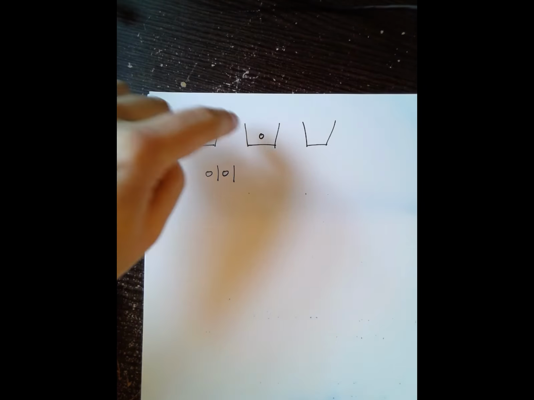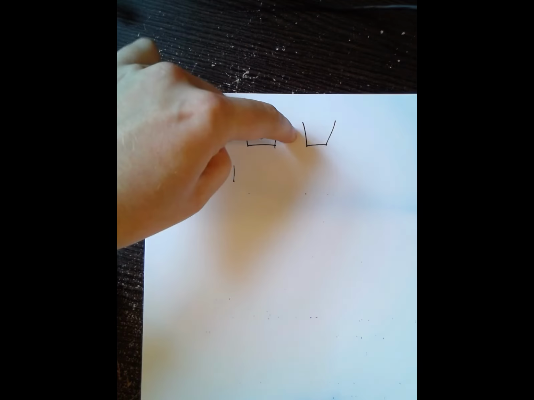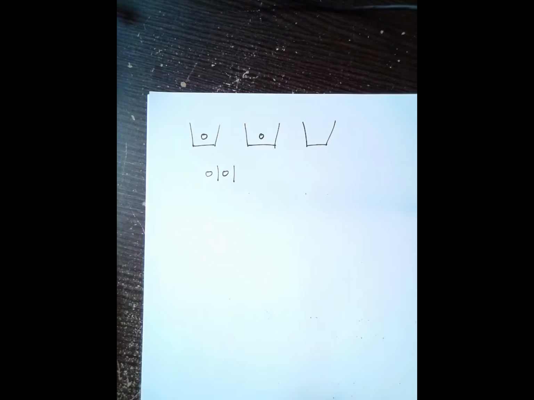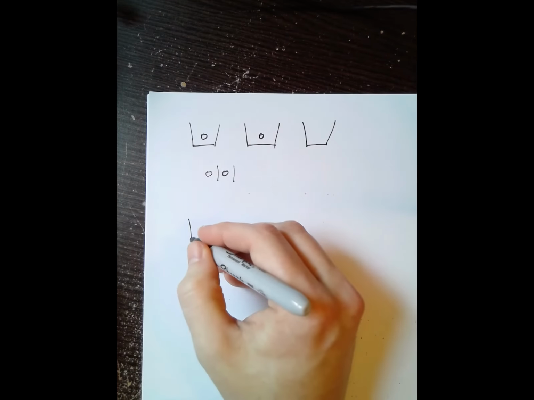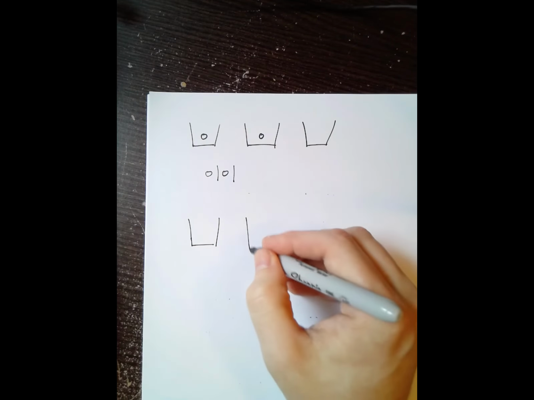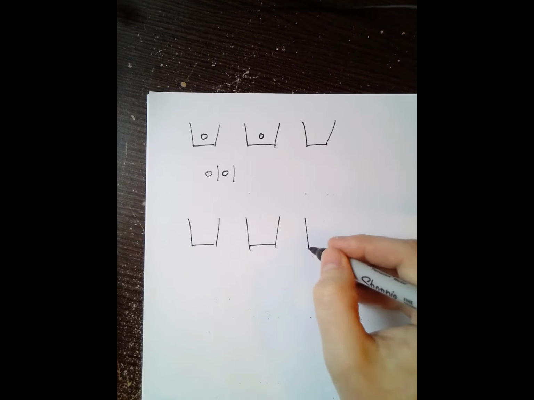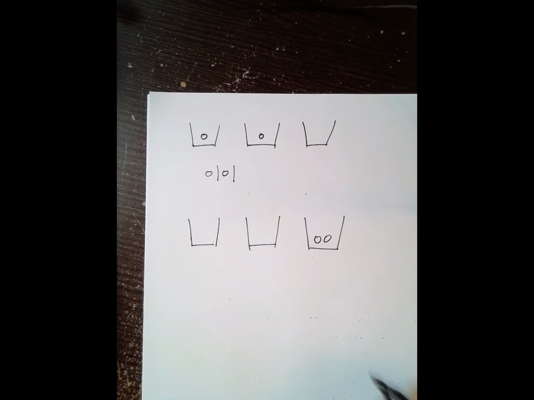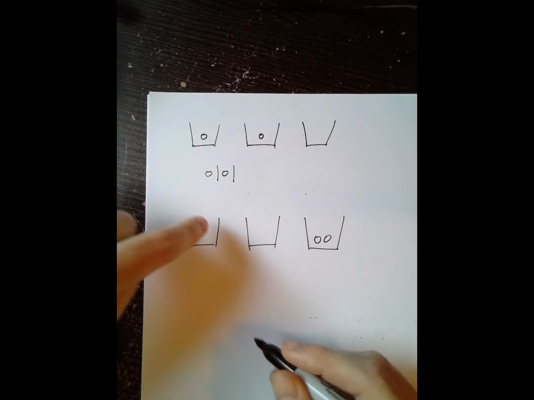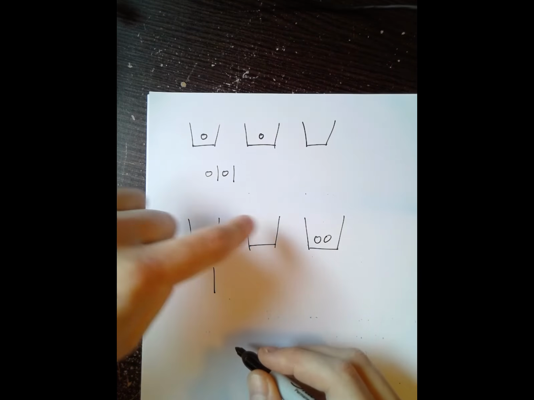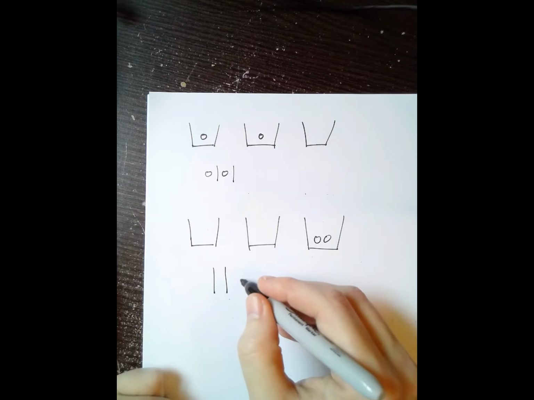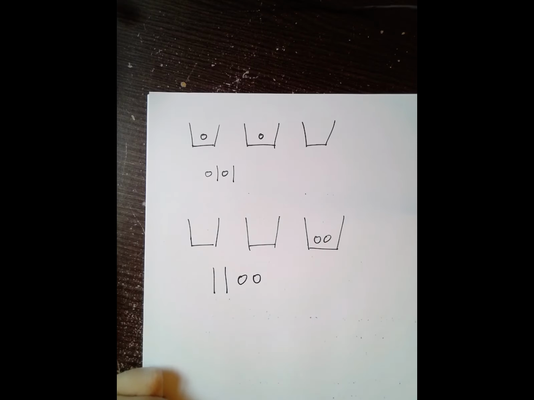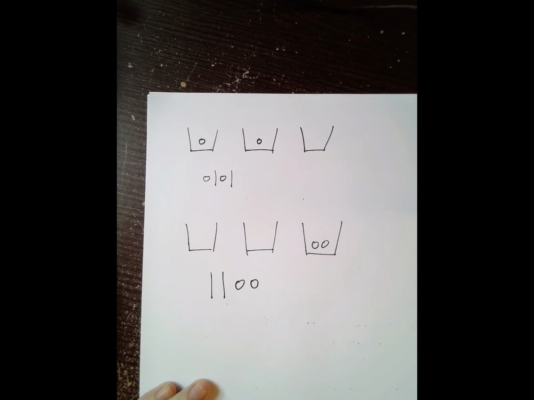There's nothing in the last space because I placed no particle there. If I placed both particles here, then that would be symbolically denoted as nothing, vertical line, nothing, vertical line, circle, circle. So this is how we're going to do this symbolically.